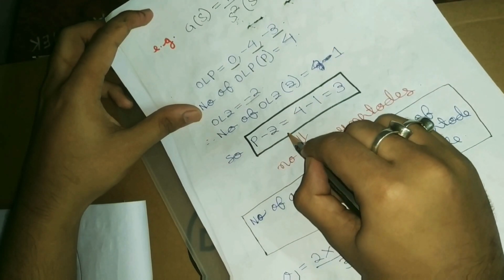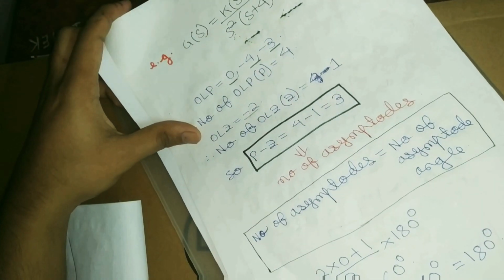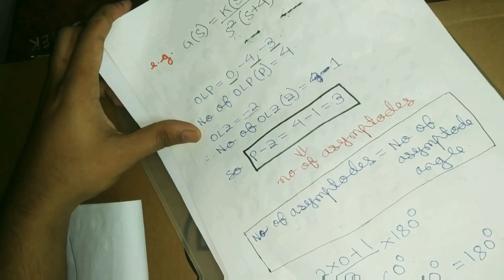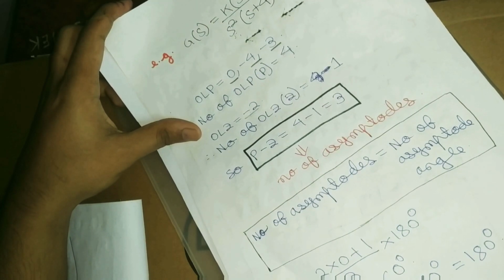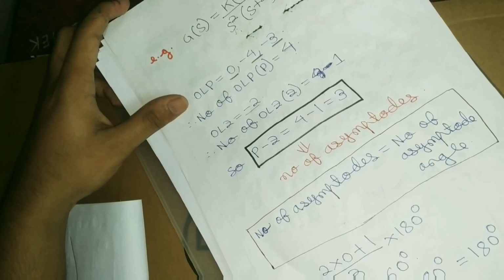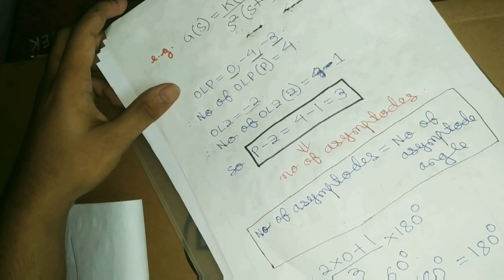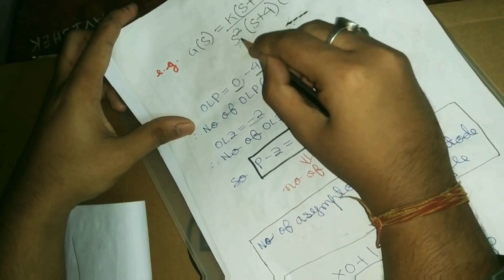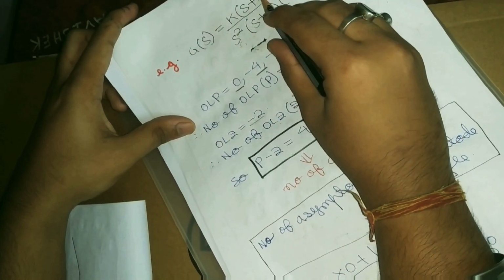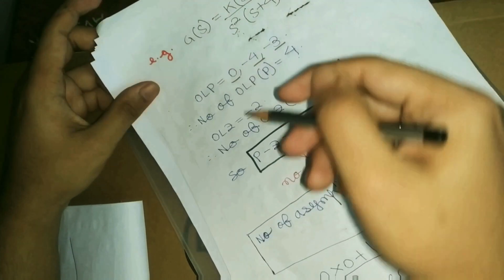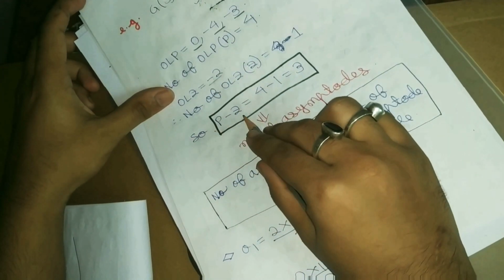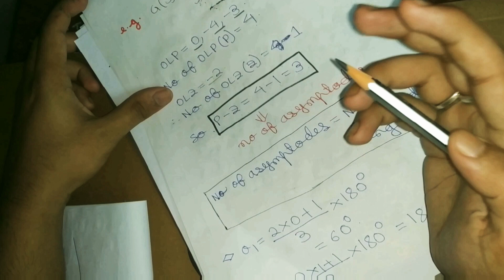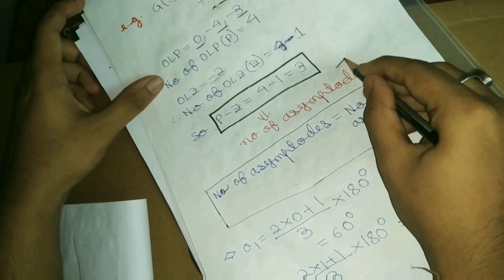So P minus Z means the total number of open loop poles minus the total number of open loop zeros. There are 4 open loop poles and one open loop zero. So you can conclude that P minus Z, 4 minus 1, is equal to 3. So the number of asymptotes is 3.